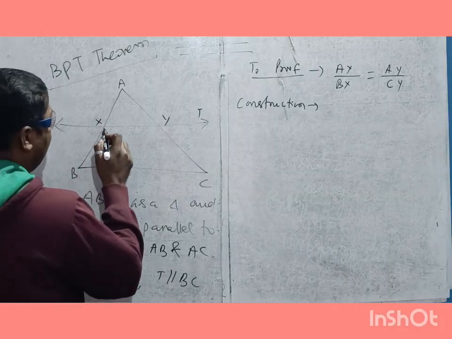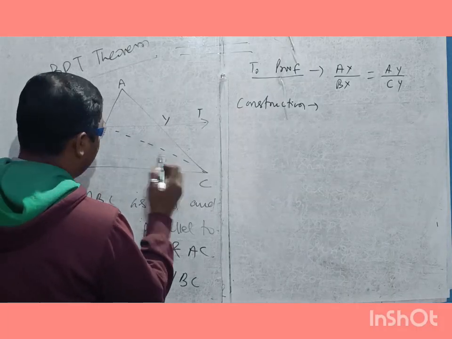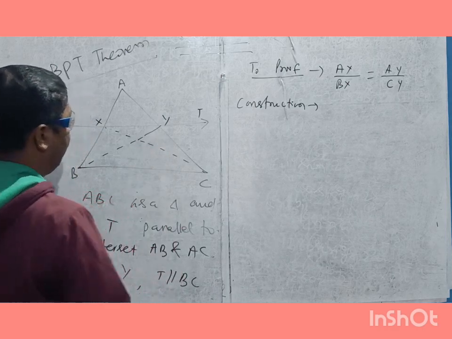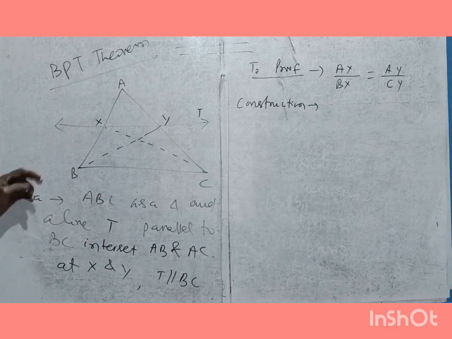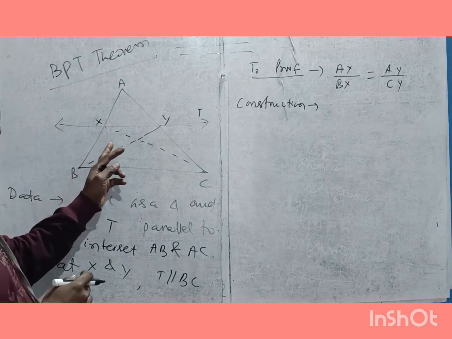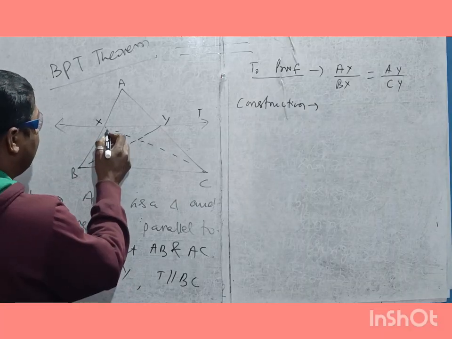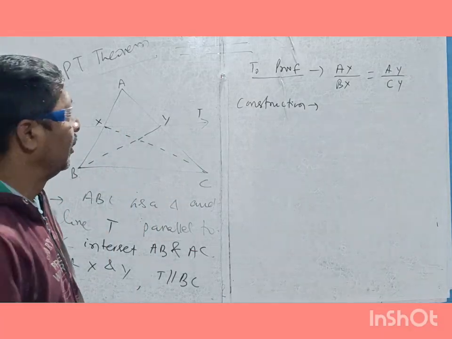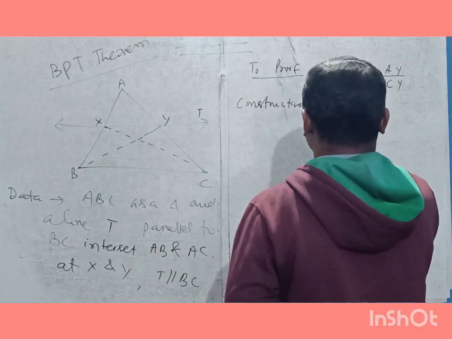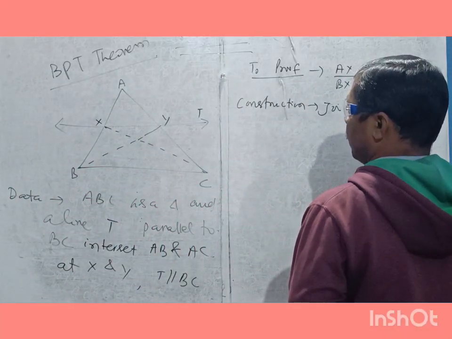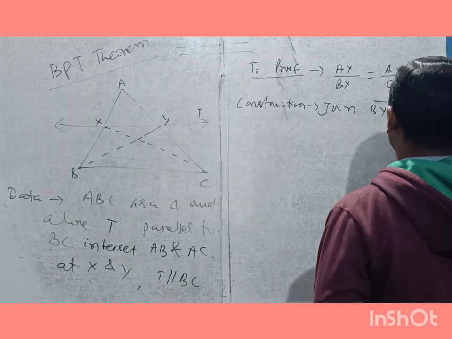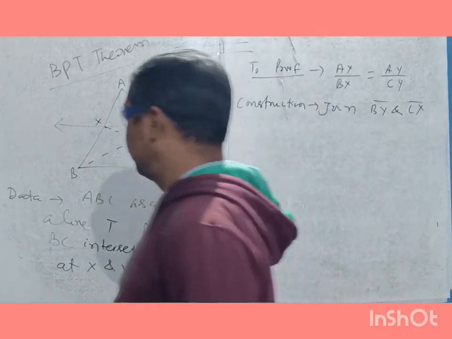That is: join CX and BY. The extra construction is made by dotted lines. So join BY and CX.